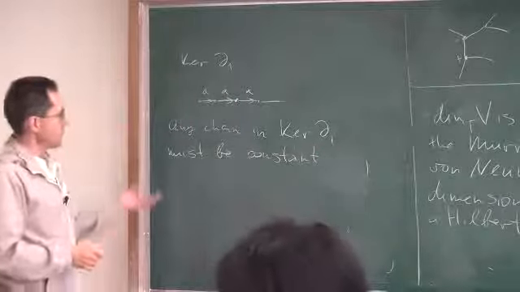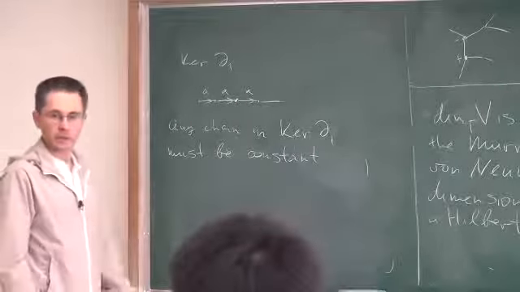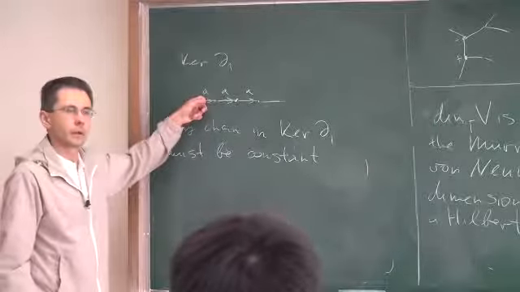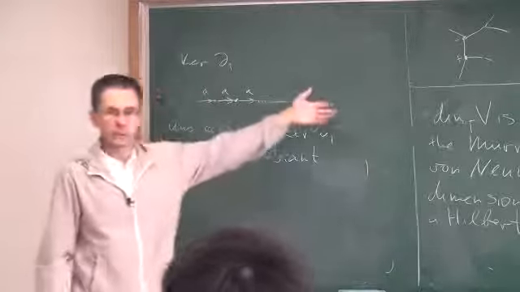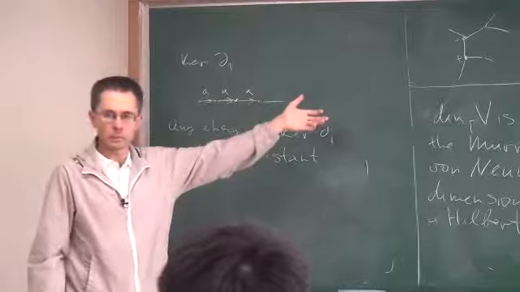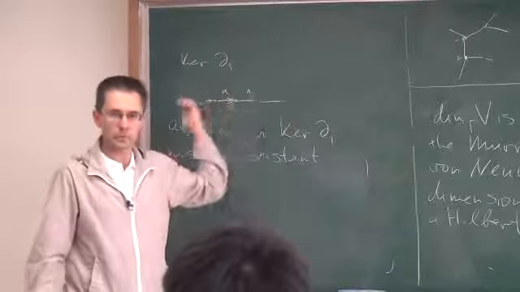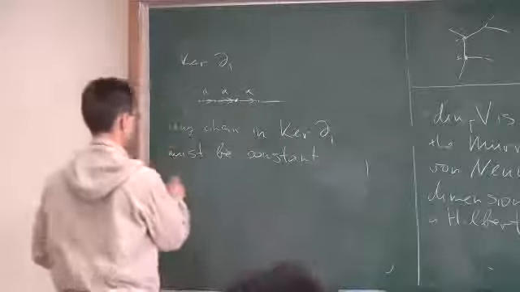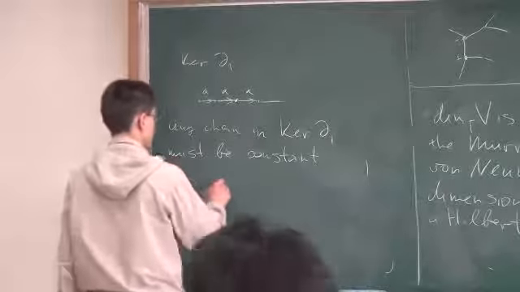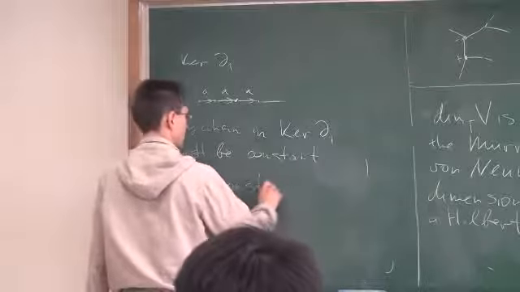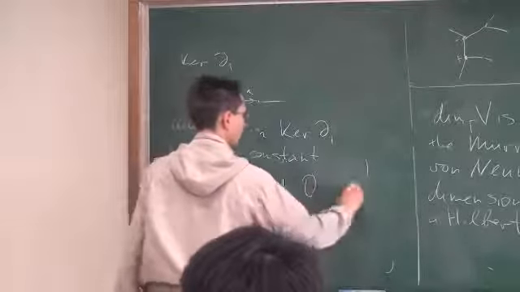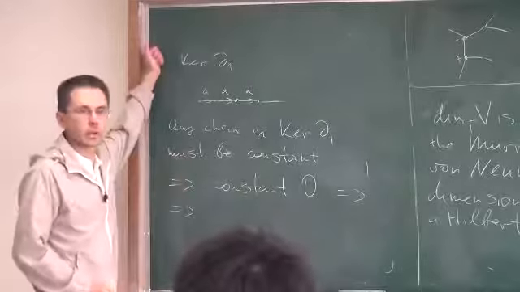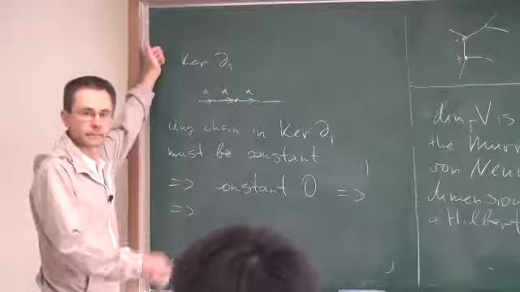And if it is a constant, then it must be the 0 constant, because if a is non-zero, what's the L2 norm of all these? The L2 norm will be infinite. We don't allow this. We only consider L2 summable chains. So it must be the constant 0, which implies that any element in the kernel must be the 0 function.